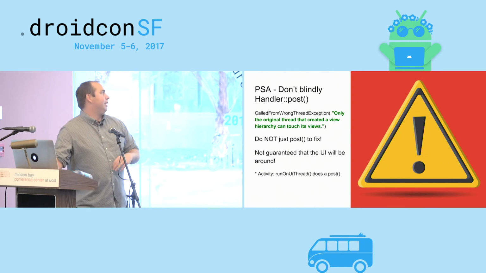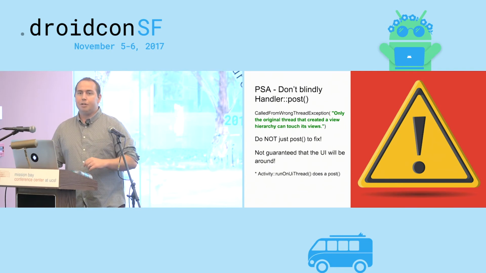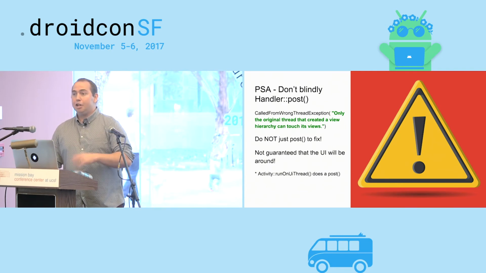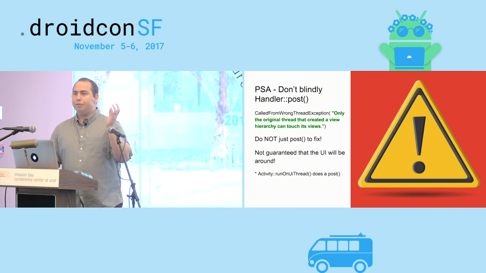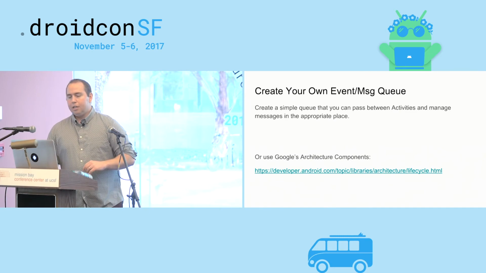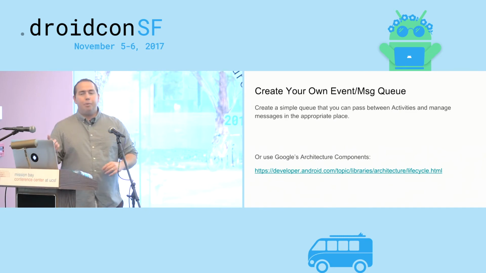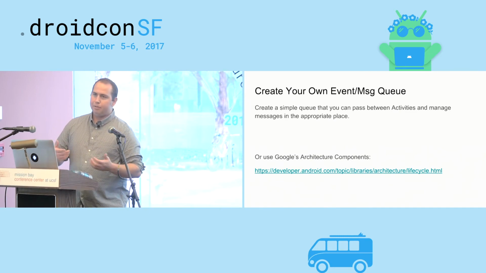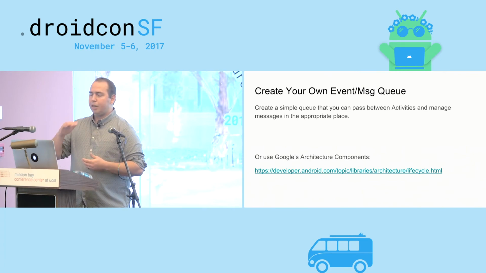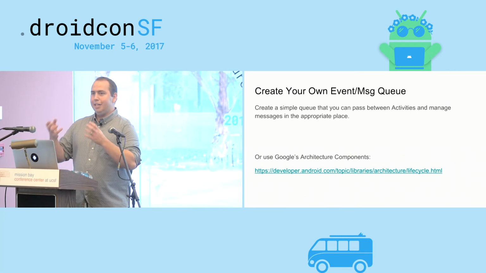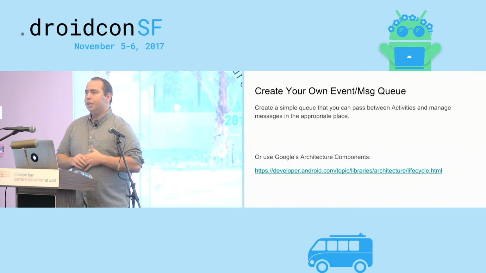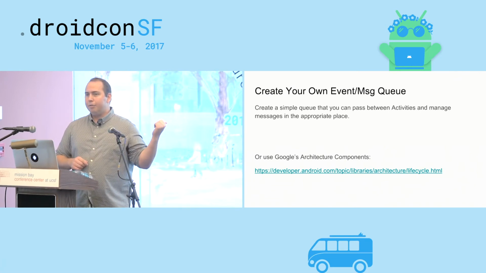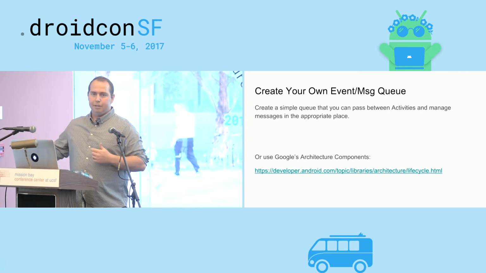So you're not guaranteed the UI will be around either, right? So you could say post, go to touch it. You update that view because you have a reference to it, but that view has been trashed and you have a new activity, for instance. What I do suggest is that instead of runOnUiThread or using post, you can just straight up create your own message queue, right? You can use the underlying principle that Android uses to help manage when you want things run. So for instance, instead of runOnUiThread, you can post this to a custom built message queue.